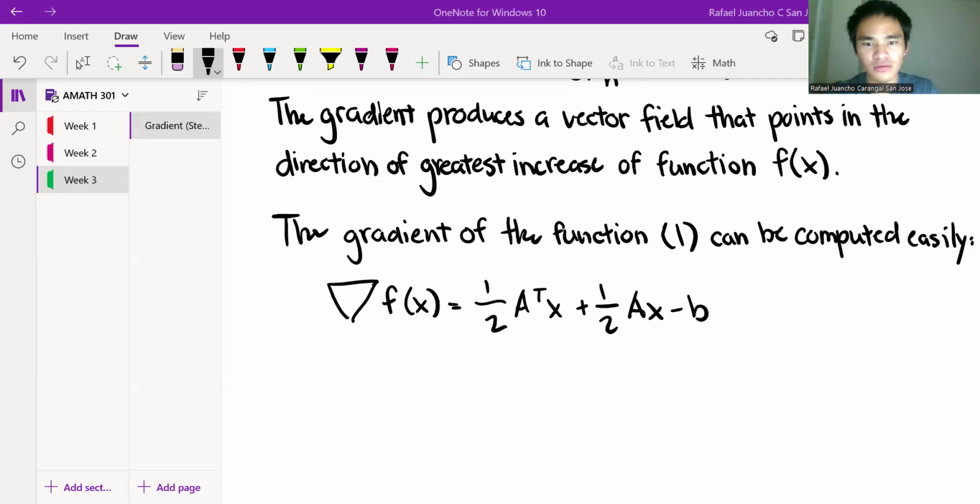Oh, so it actually tells us how to compute this thing. Cool, cool.